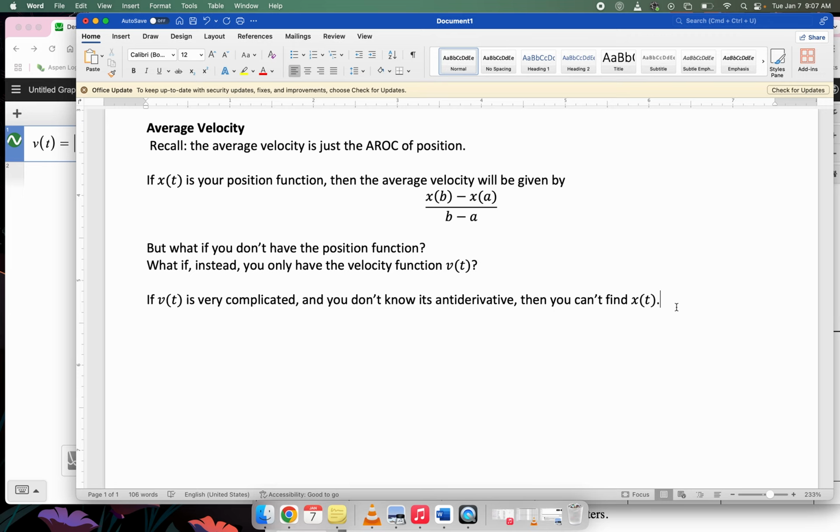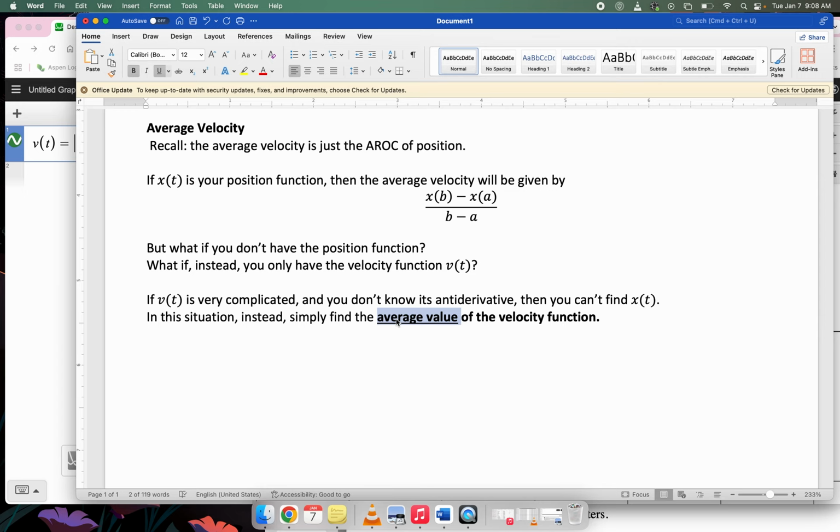There's a different way, though, of calculating the average velocity. So in this situation, where v of t is complicated, so you can't find the position function, instead, simply find the average value of the velocity function. Average value in the sense of yesterday's worksheet. We spent yesterday talking about average value.